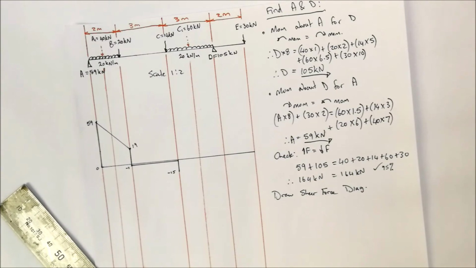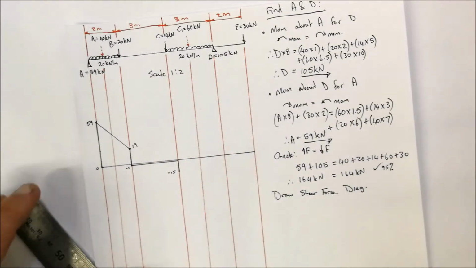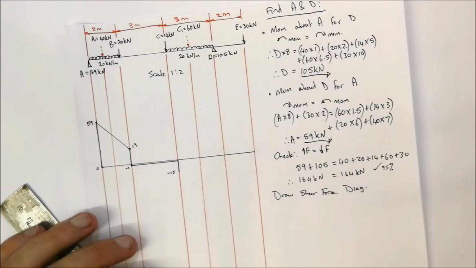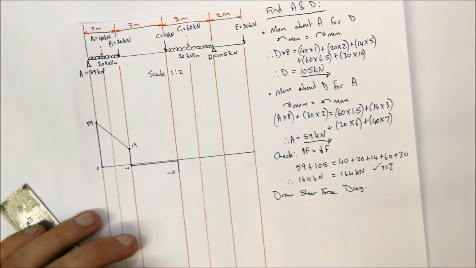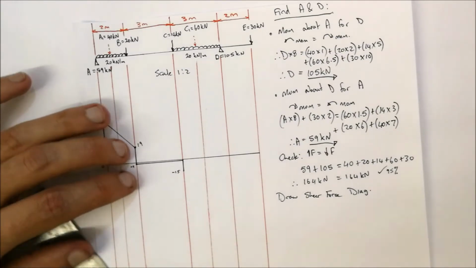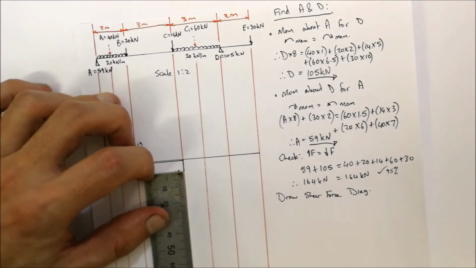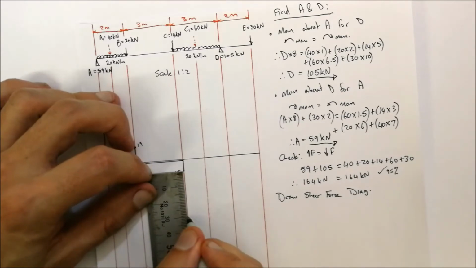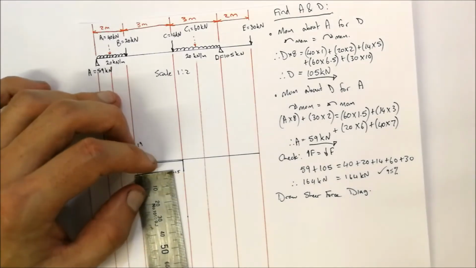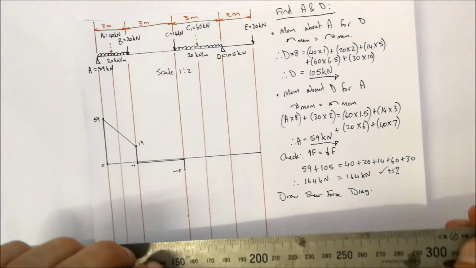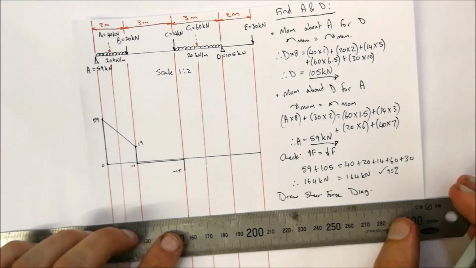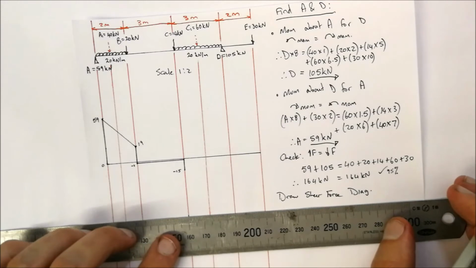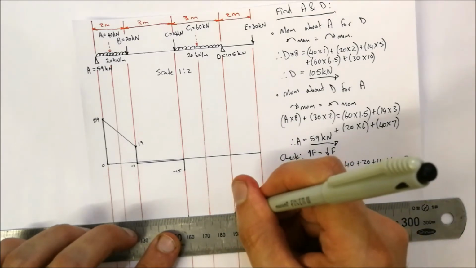Right, now we've got this distributed load over here, which is equal to 60 kilonewtons. Now 60 kilonewtons is going to be represented by 30 millimeters. So I'm going to be projecting 30 millimeters from that 15 point over there, and because it's a distributed load I'm going to project it across up to point D. Okay, so that's going to be over there.